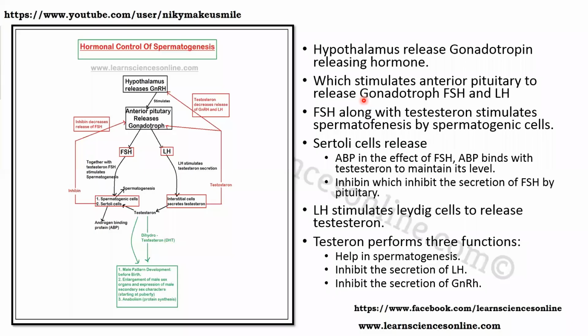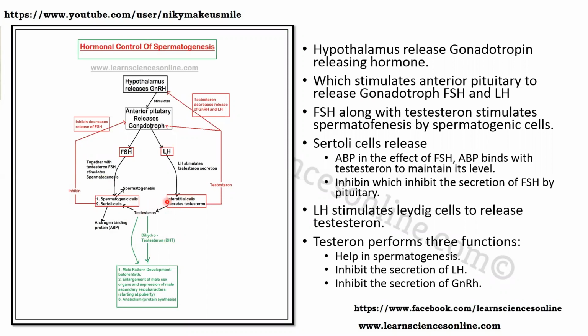This FSH alone doesn't perform the function. FSH together with testosterone stimulates the process of spermatogenesis by the spermatogenic cells. So from where does this testosterone come? This testosterone is released by the interstitial cells.